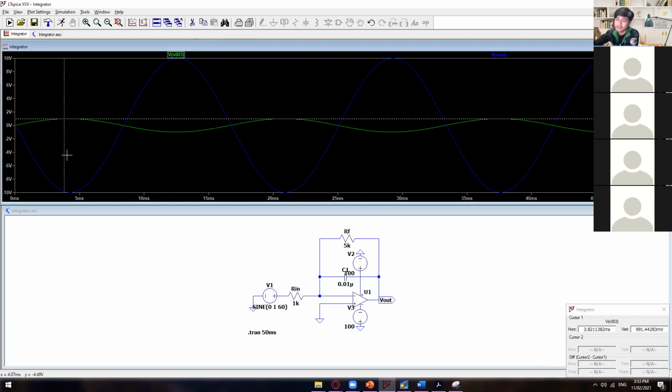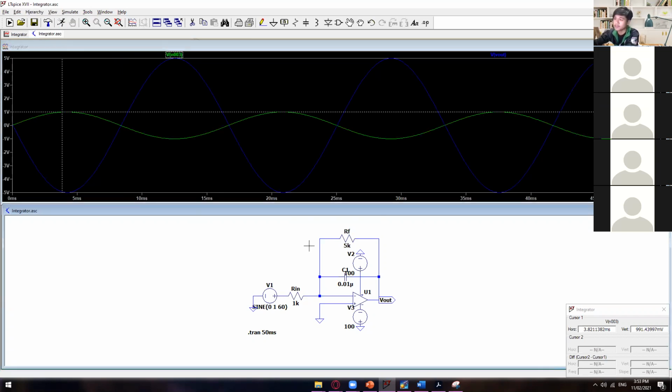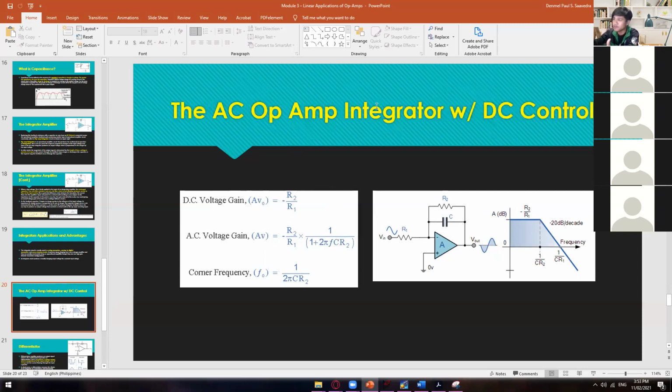You will get here a peak to peak of 5 volts to negative 5 volts. Just by adding this resistance here, which is called the AC Op Amp Integrator, we can now have the perfect integrator circuit, or a more controlled output of your circuit or of your input.